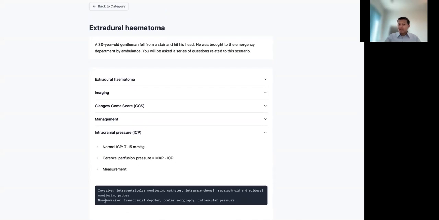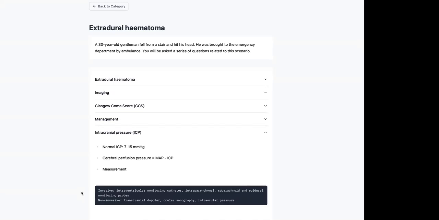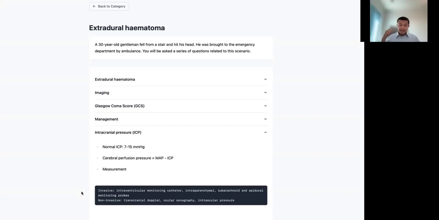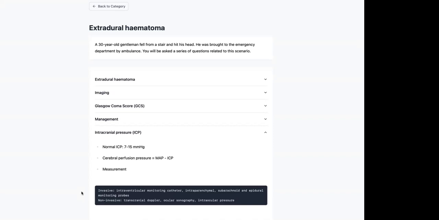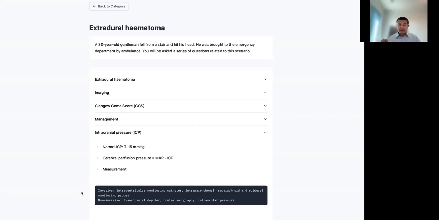Now the non-invasive way, you mentioned the tympanic membrane. The problem with the tympanic membrane is that it's not accurate. What's behind the tympanic membrane? The middle ear cavity. The middle ear cavity is not a true intracranial cavity because it's connected to the pharynx via the eustachian tube.